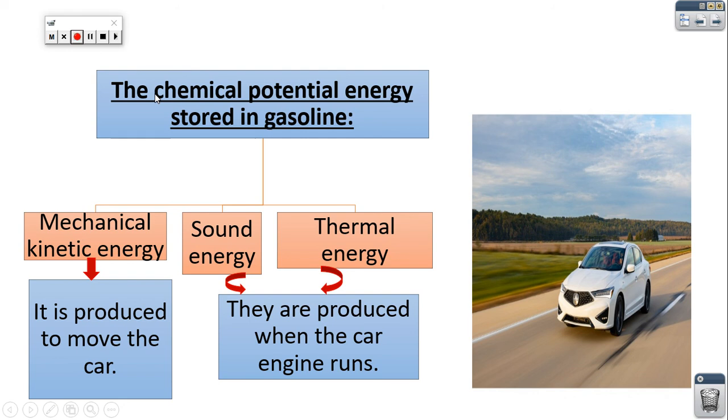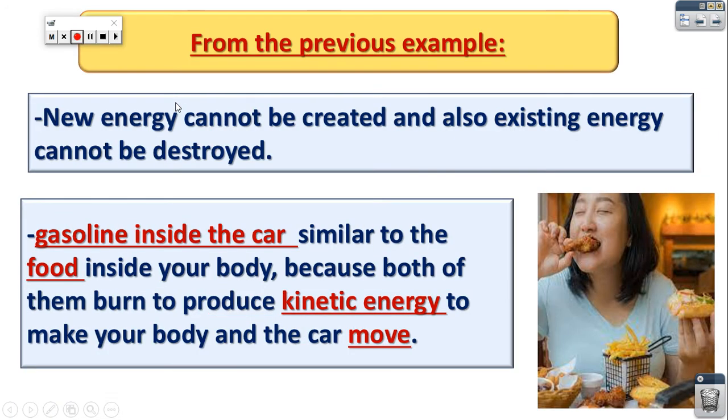The energy exists all the time. The gasoline contains a chemical potential energy that changes into mechanical, electric, sound and thermal. So the energy existed in the first place, then it changes from one form to another, and also the energy cannot be destroyed. So new energy cannot be created.